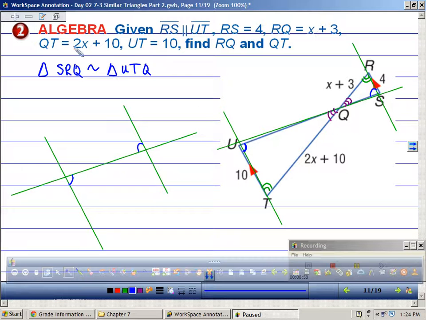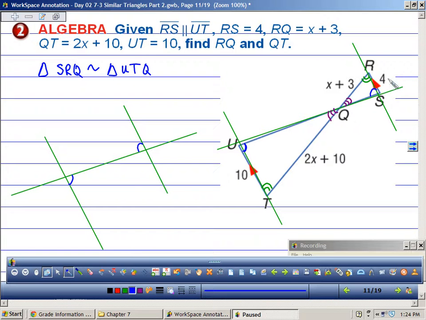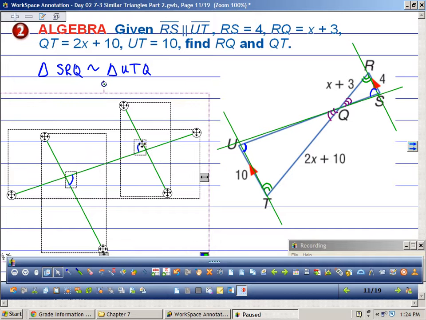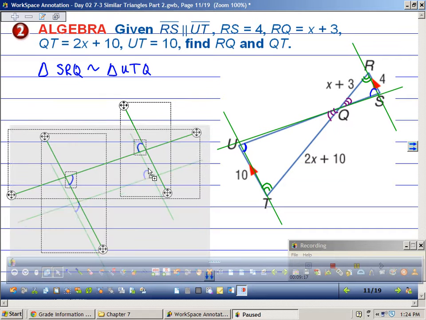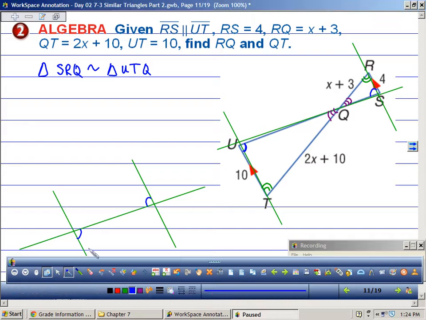Now, based on that, now I can use all this other information. Okay, we're going to put small on top, large on bottom.